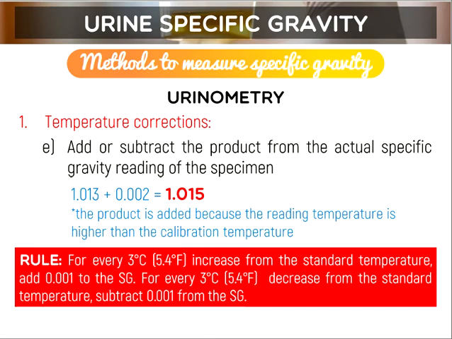But if it decreases, subtract. Basically, increase, add; decrease, subtract. So here, it is an increase, so we have to add 0.002. The product is added because the reading temperature is higher than the calibration temperature.